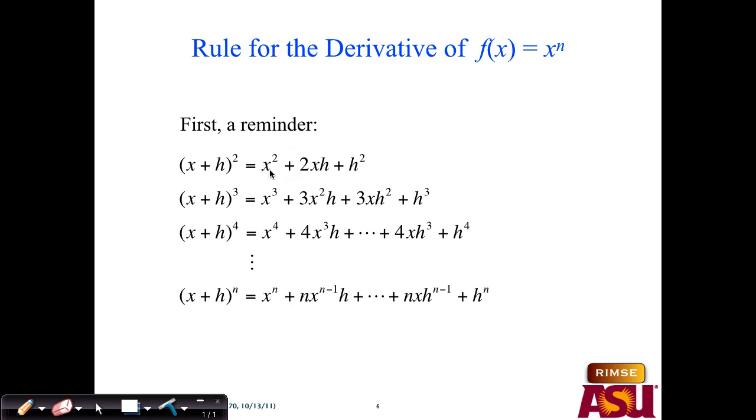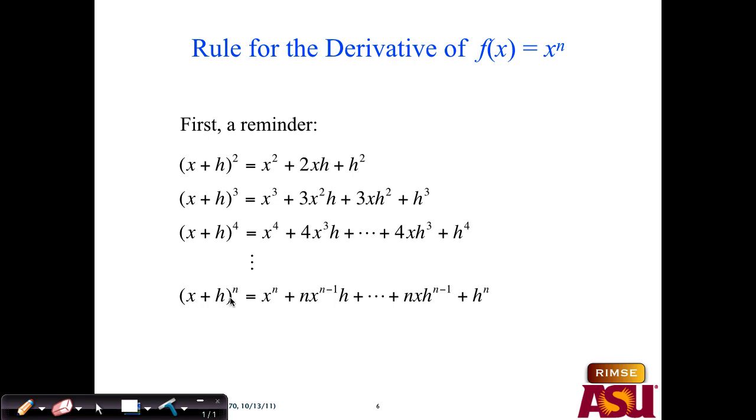Like in x squared, I have x squared plus 2xh plus h squared. And at x plus h to the third power, that second term starts with a 3, because there were 3 different ways among all the different binomial factors to pick out 2 x's and an h. Or there's 4 ways to pick out 3 x's and an h when I have 4 factors of this, and they all end up being like terms that we combine.